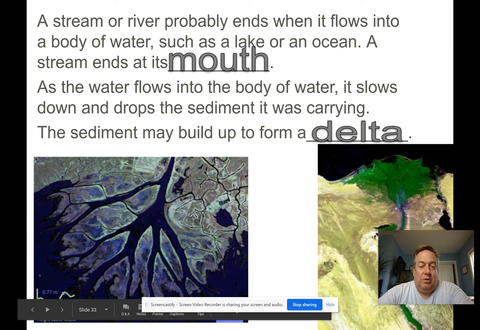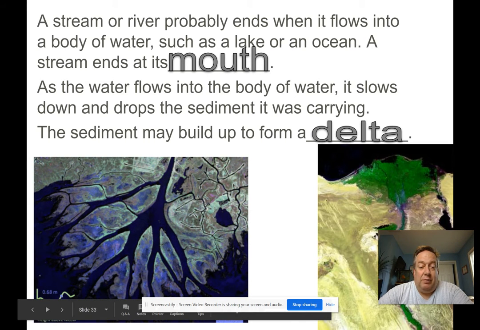As the water is flowing, it flows down the river. It's carrying all kinds of mud and sediment and rocks, and it hits a bigger body of water. Well, what happens to the river water as it hits the bigger body of water? It slows down. And then, as we're going to find out probably later this week when we go over the reference table chart, depending on how fast it is, that will determine the size of the sediment it carries.